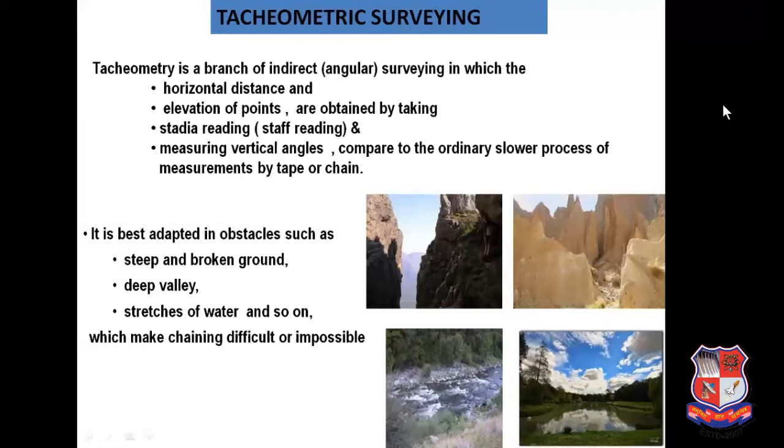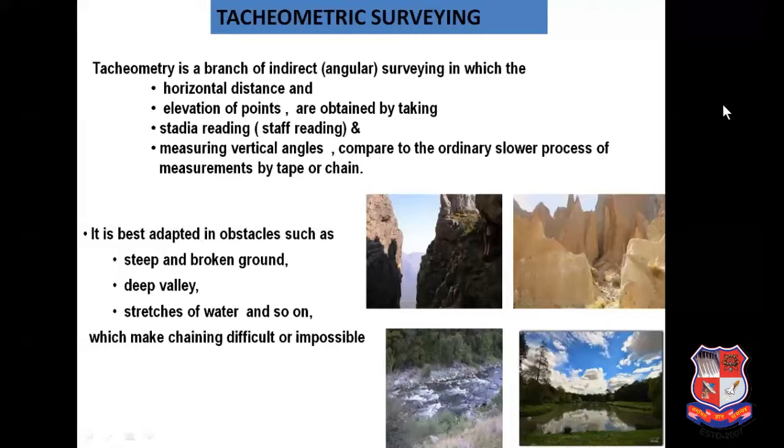Now, in which type of the situation we can adopt this tachyometric surveying? So when the obstacles are there between your instrument station and the object for which you want to measure the distance, such as steep and broken grounds, deep valley, stretches of water, and like that, which makes chaining or taping difficult or nearly impossible.